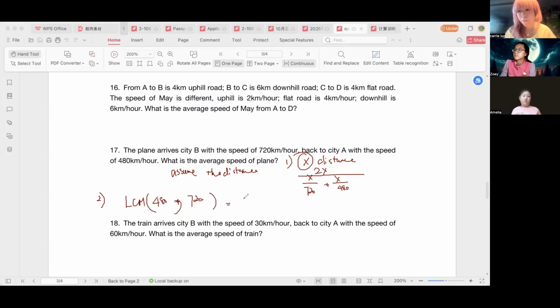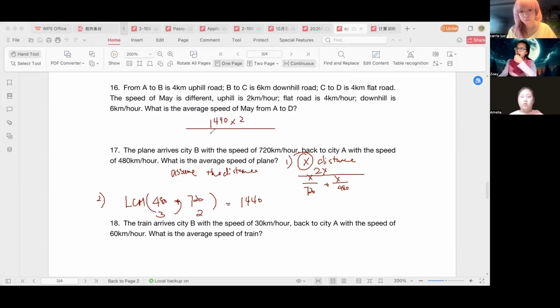What is that? 1,440. Okay, 1,440 is 3 times 480 and 2 times 720. So I just assume that the distance between A and B is 1,440, times 2 is the total distance.